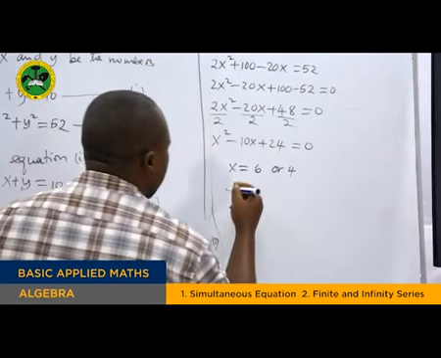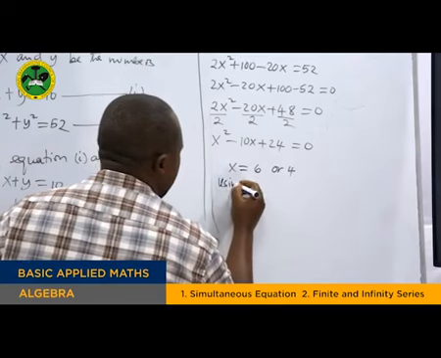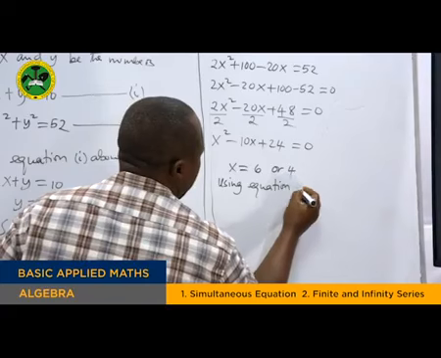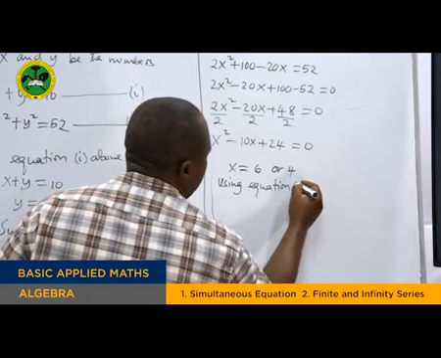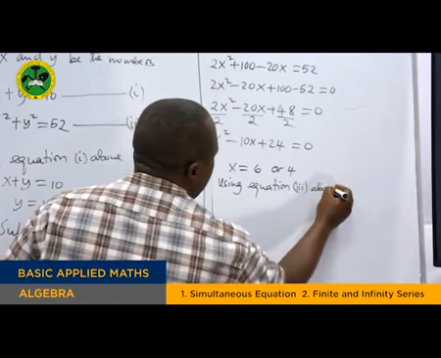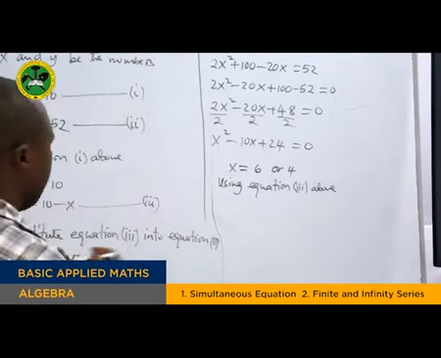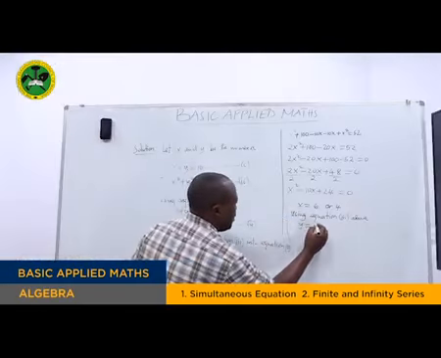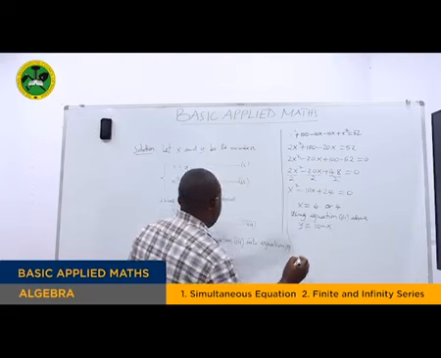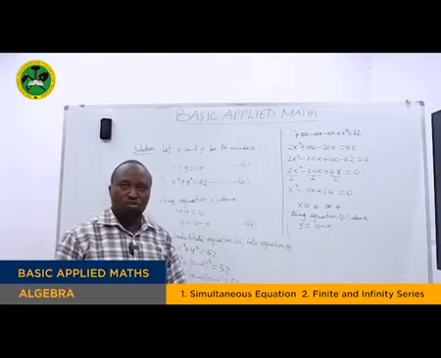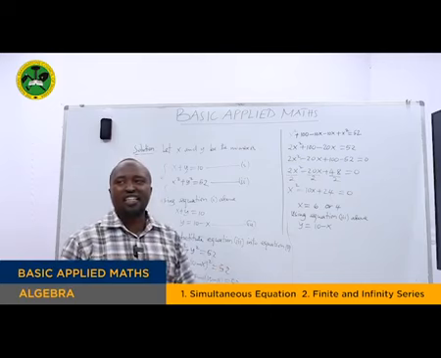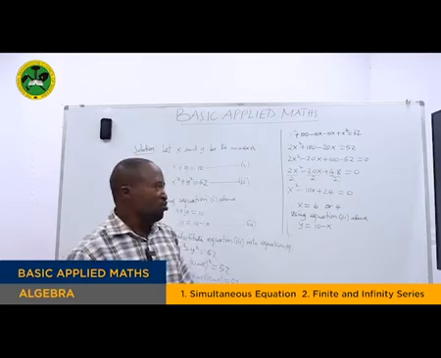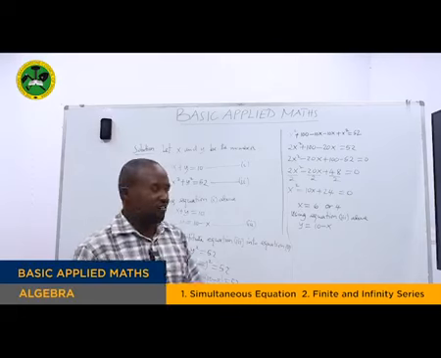Now, using equation 3 above, that is, we have y is equal to 10 minus x. Y is equal to 10 minus x, but we have values of x. So it's just a matter of substituting values of x.